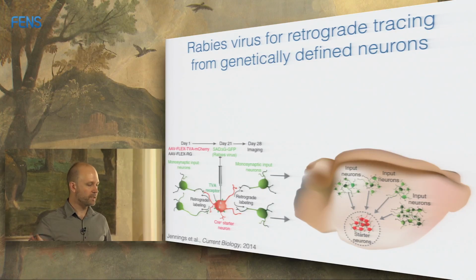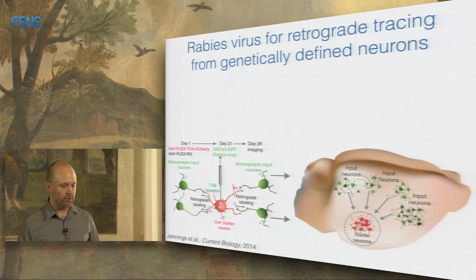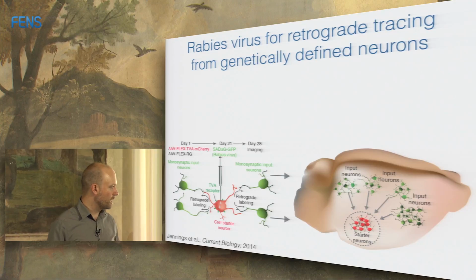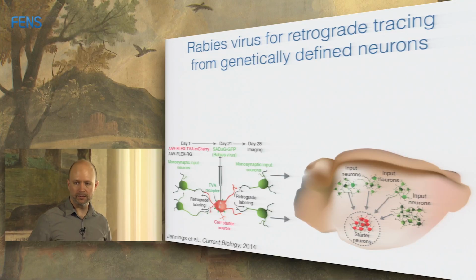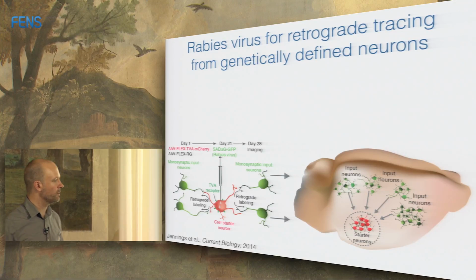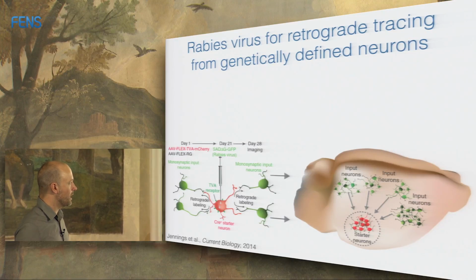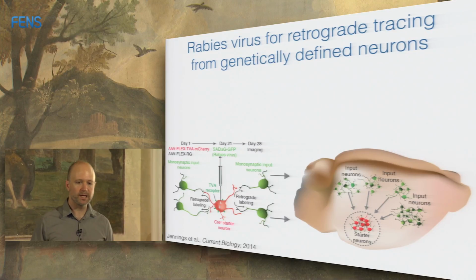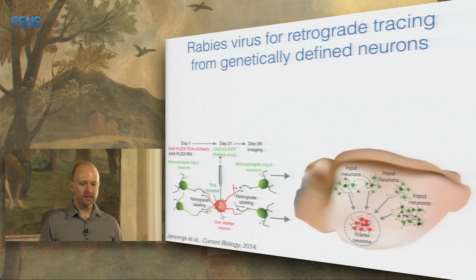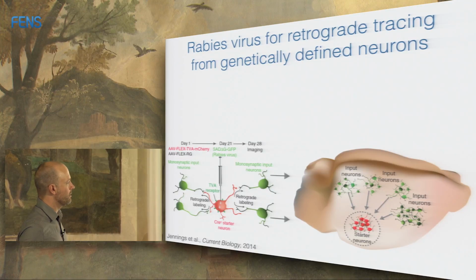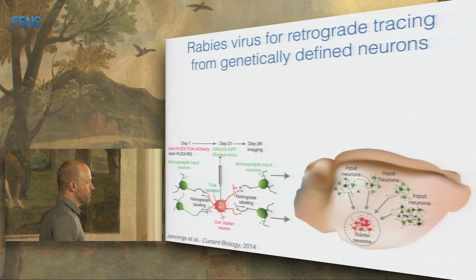This whole system has been engineered by a number of labs, such as Ed Callaway's lab, who really started with the development of this approach, but it has been carried on by a number of other labs now, to use rabies virus as a way to trace the inputs to a defined set of postsynaptic neurons. I just wanted to quickly go through how this works.